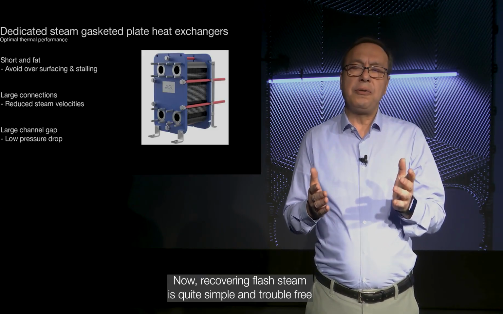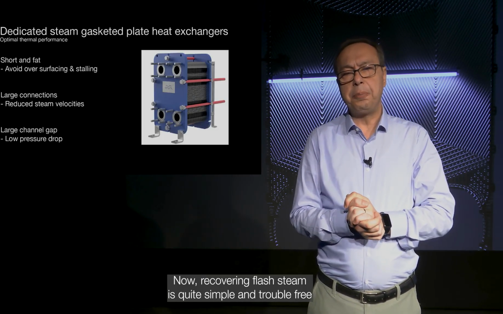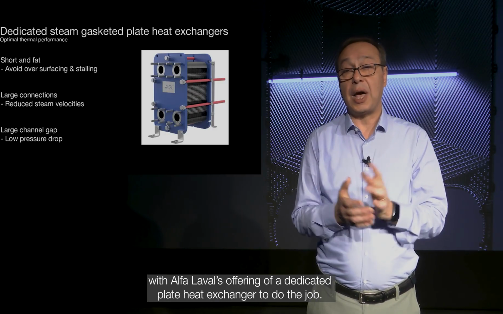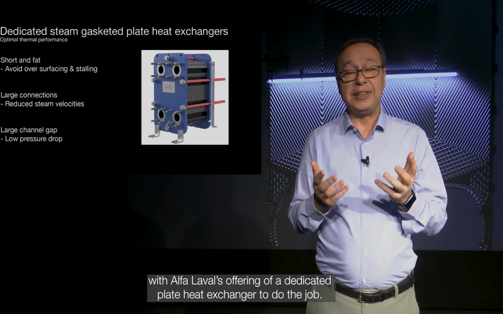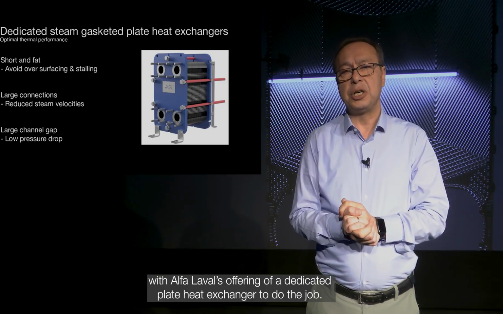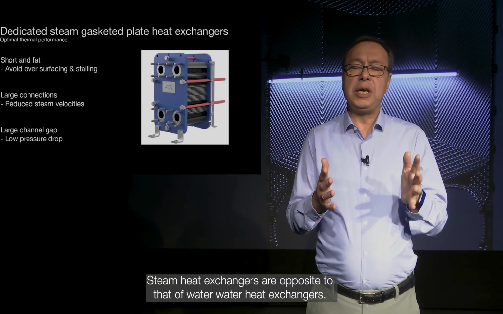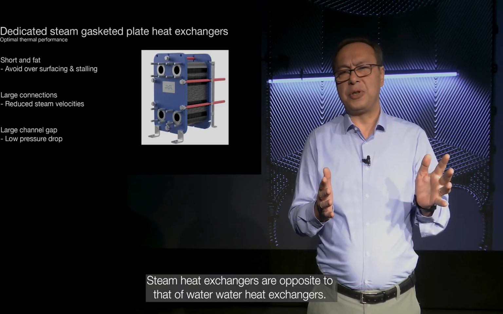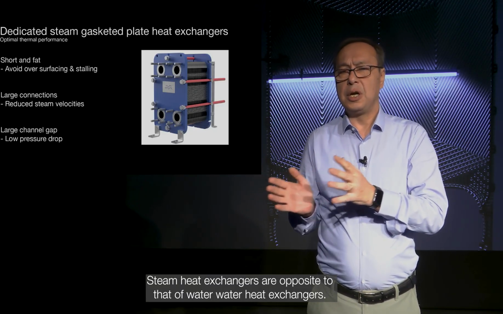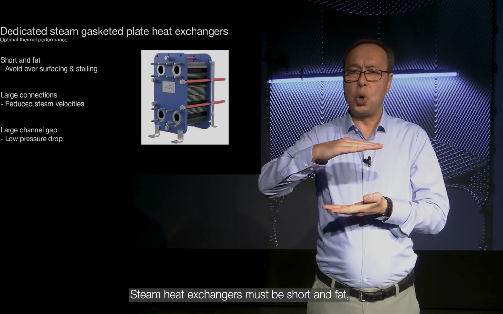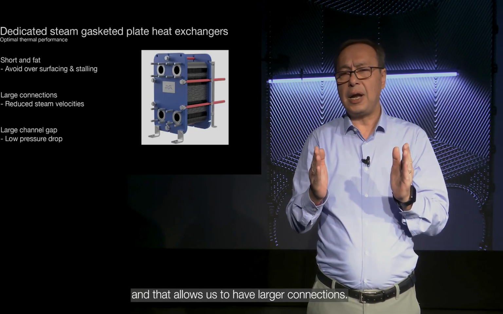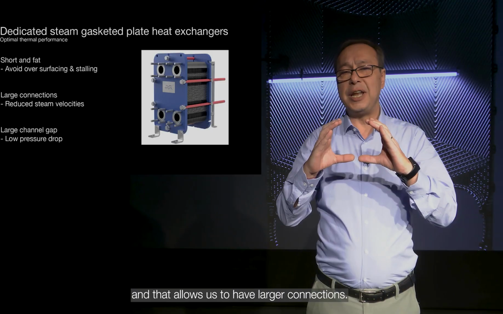Now, recovering flash steam is quite simple and trouble-free with Alfa Laval's offering of a dedicated plate heat exchanger to do the job. Now, steam heat exchangers are opposite to that of water-water heat exchangers. Steam heat exchangers must be short and fat, and that allows us to have larger connections.